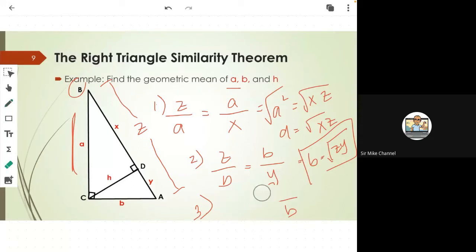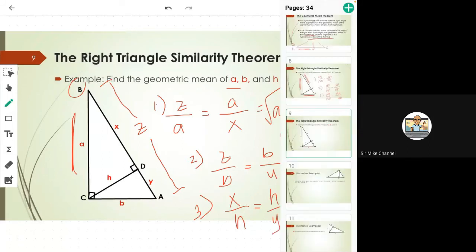X over H po. Tapos, X over H. H over Y. H over Y. Okay, so that is incorrect natin. Ito yung proportional ratio natin for this example.